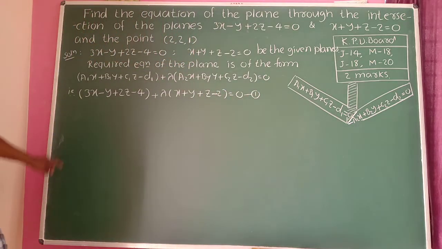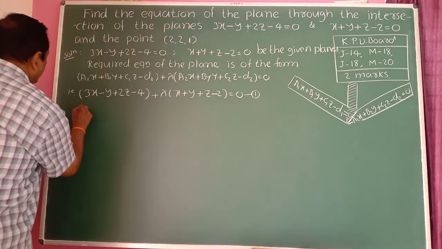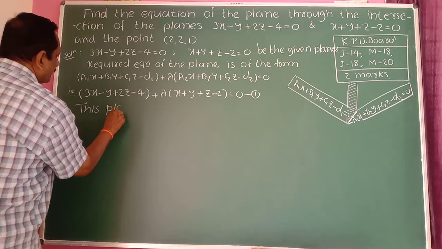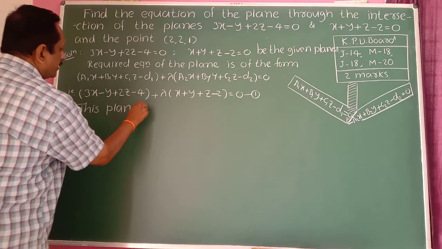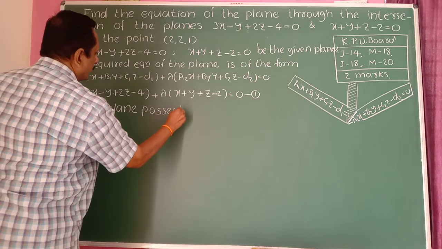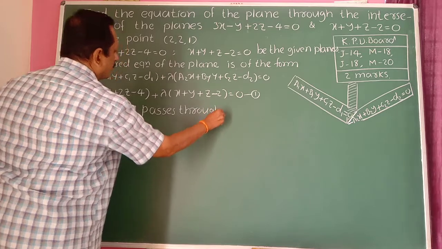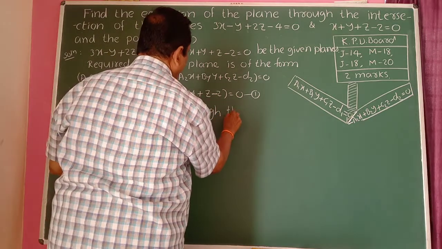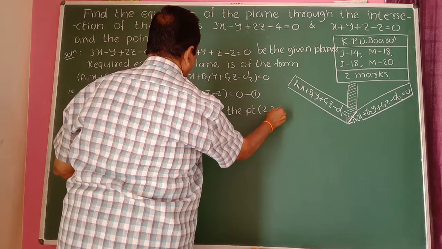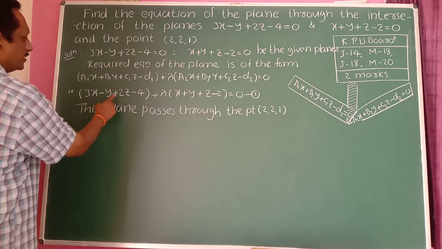Okay. So this plane passes through the point 2, 2, 1 here. Therefore put x value 2, y value 2 and z value 1 here.